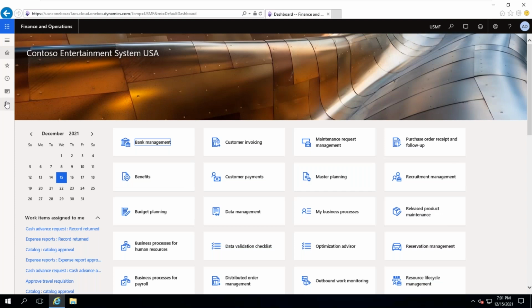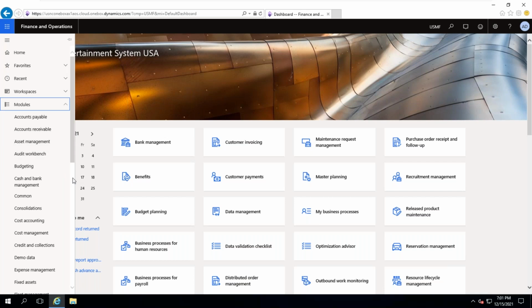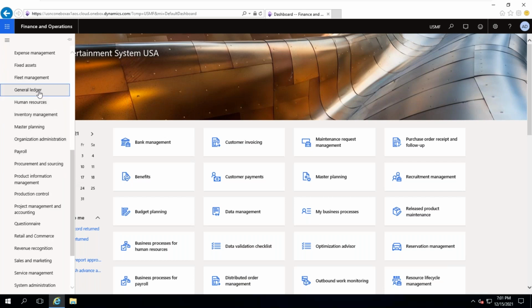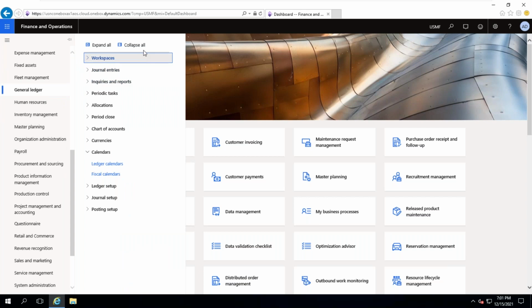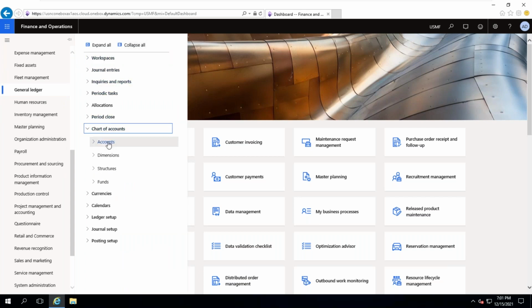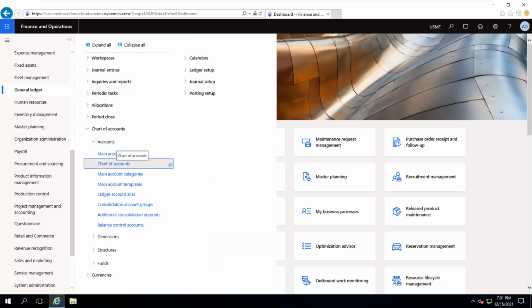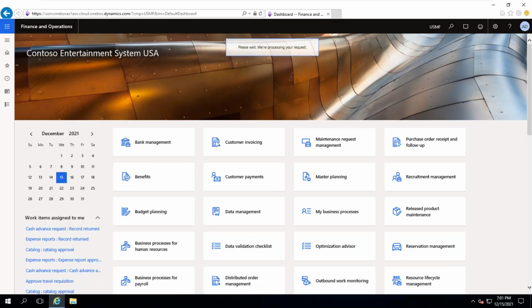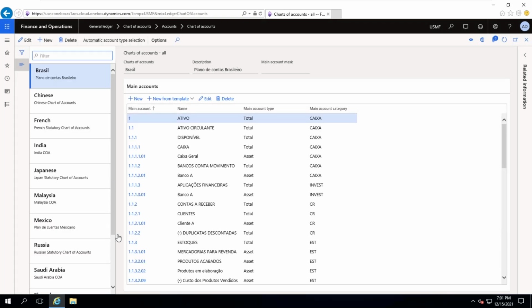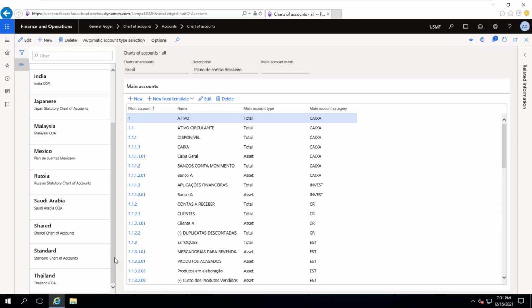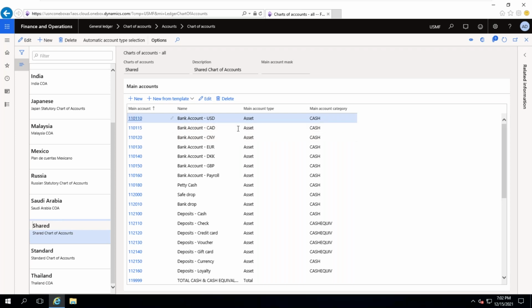Okay, and click here, general ledger module, collapse all, chart of accounts. Look at this one. I'm showing you one chart of accounts. Suppose this one. One series is assets.